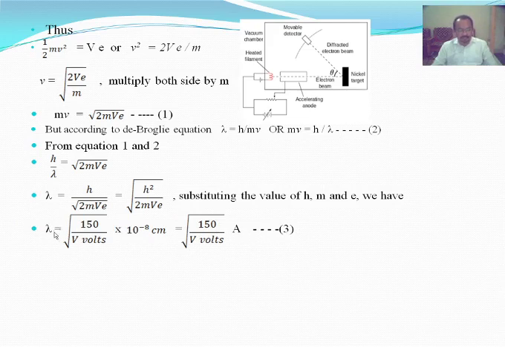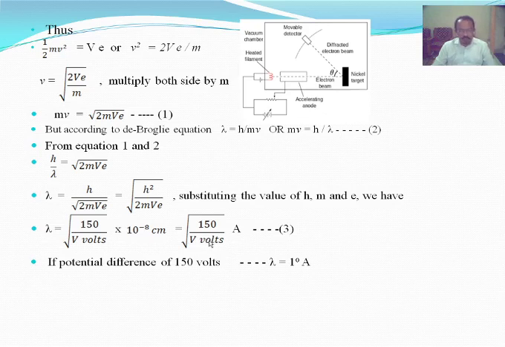This says that the wavelength of accelerated electron depends upon only one factor, that is the potential applied between the two plates, and therefore if we apply 150 volts, then the wavelength of that electron will be 1 angstrom.